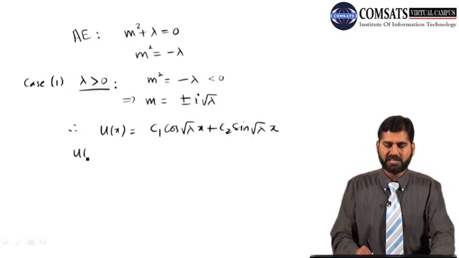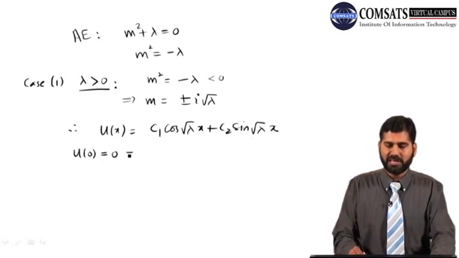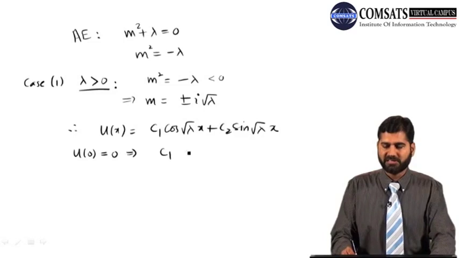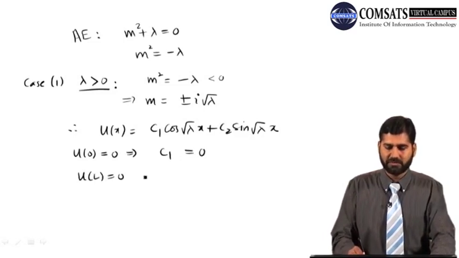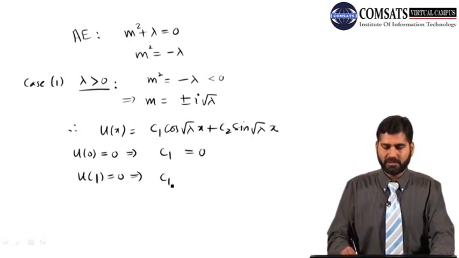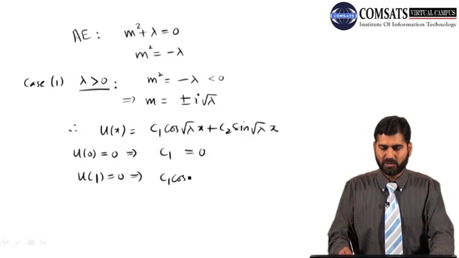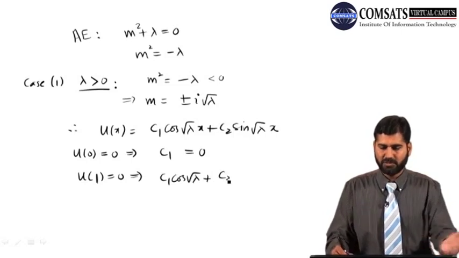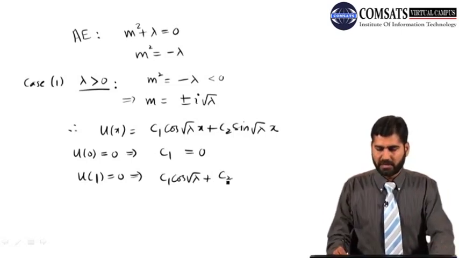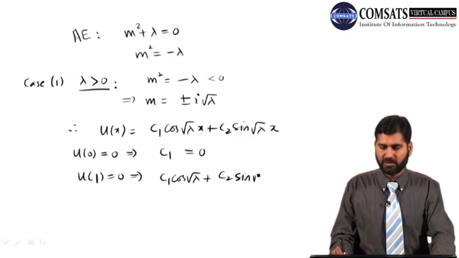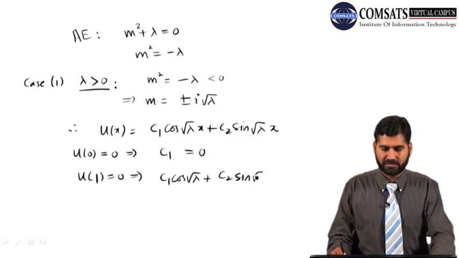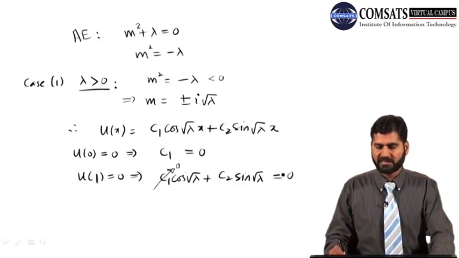Now if you use the conditions, u(0) equal to 0 will give you c1 times cos 0, which is 1, plus c2 times sine 0, which is 0, so c1 is 0. And u(1) equal to 0 gives you c1 cos square root of lambda plus c2 sine square root of lambda, and because c1 is 0, the first term is gone, so you get just this one.